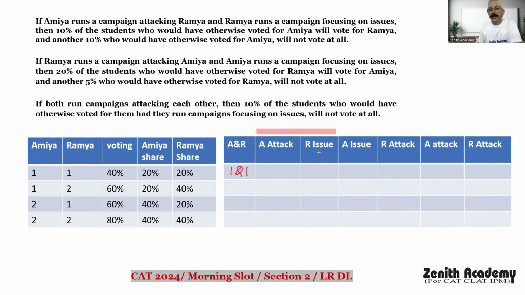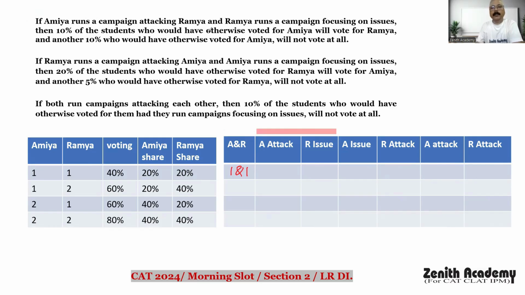And Amya is attacking and Ramya's is based on focusing on issues. So look here. This condition: if Amya's campaign is 1, Ramya is also 1, and Amya is in attacking mode.